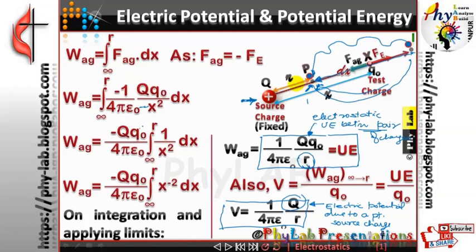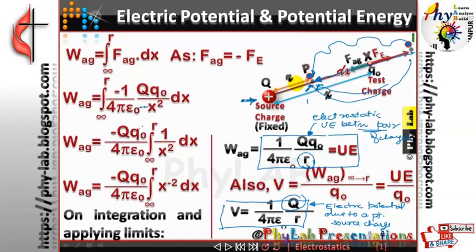Now you should understand that electric potential as well as electrostatic potential energy are both scalar quantities. They are just simply the counterparts. In the first chapter we discussed electric forces and electric field. Electric force was defined for a pair of charges and electric field was defined due to a source charge.